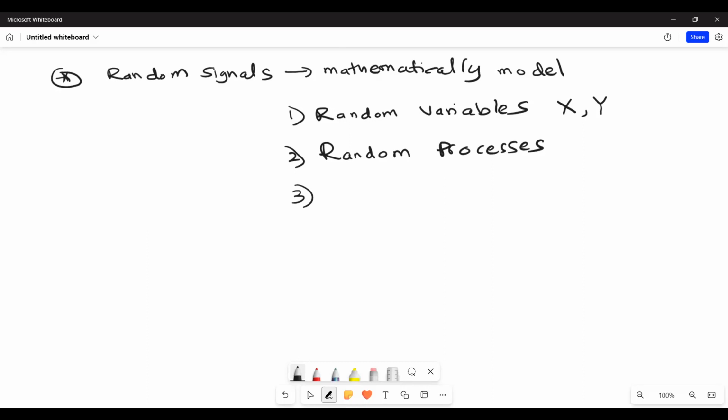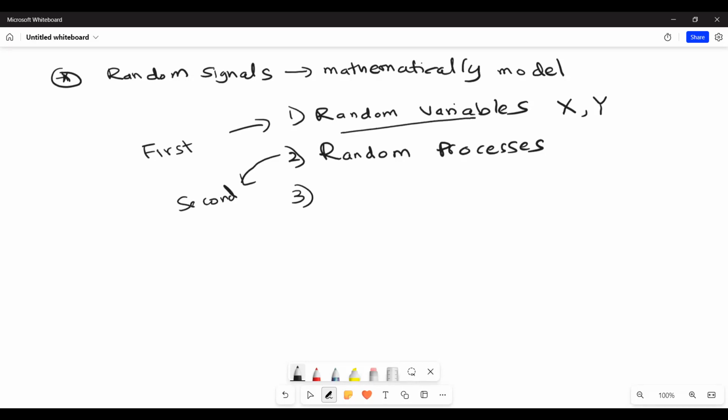We will get to them once we discuss these topics separately, right? So first of all, we will discuss the random variables, and then we will discuss this random process, which we will discuss after we have completed the random variables, right?